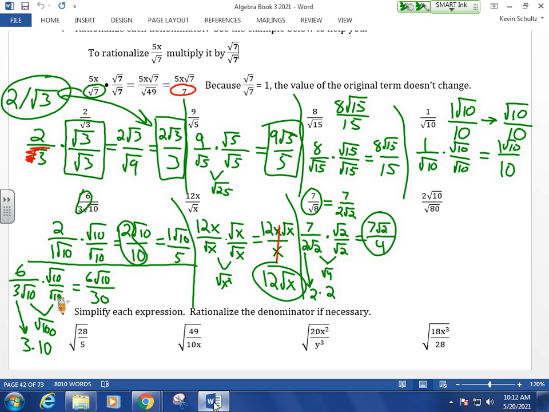Yes. How would you simplify it from the end? So if you didn't, I'll do the work up here so I don't erase this. If you didn't simplify first, then you start by multiplying by root 8 over root 8, which would give us 7 root 8 in our numerator and 8 in the denominator, right? Where would you go from here to simplify?